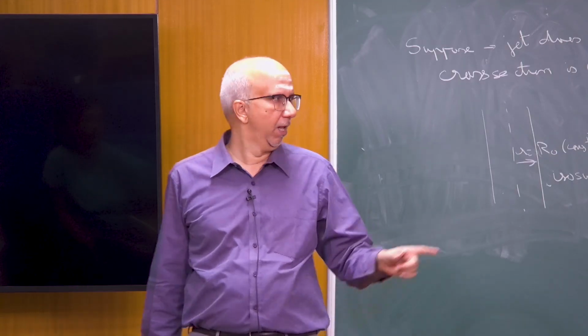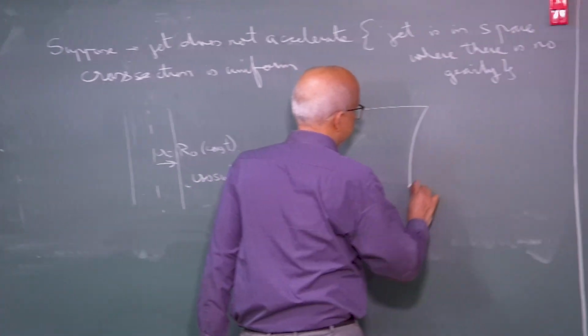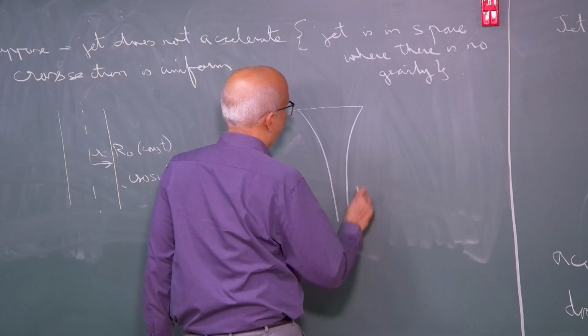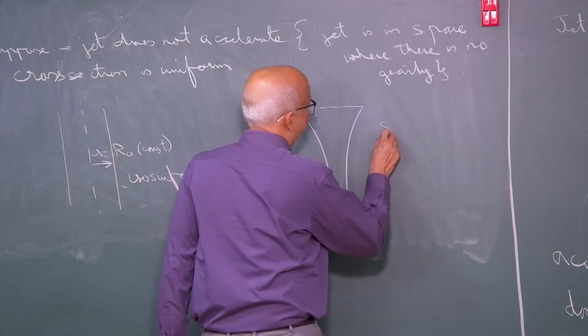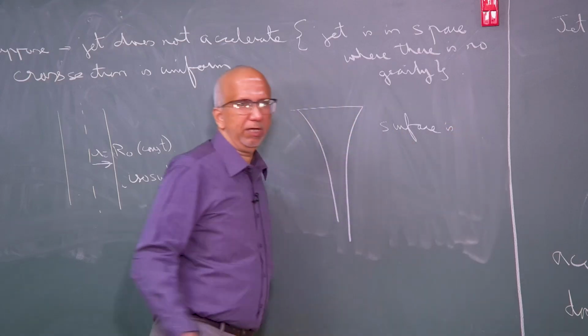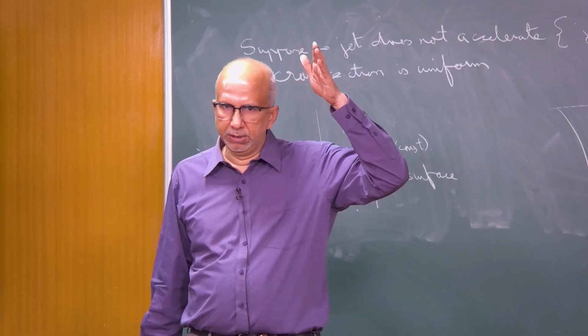In the first problem that we discussed, the jet is symmetric, but it is falling down. Here the surface is not a constant, r is going to be a function of z.